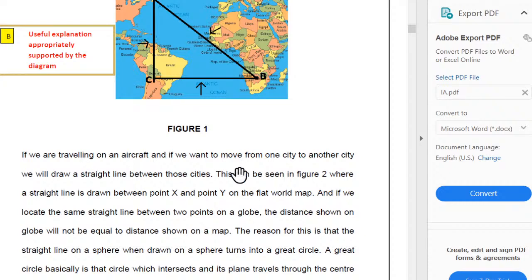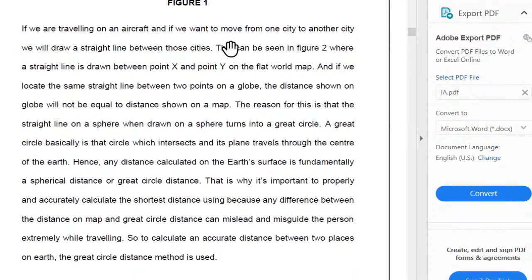Figure 1. We want to move from one city to another. We'll draw a straight line between these cities, as you can see in figure 2, where a straight line is drawn on the flat map. And if we locate the same straight line between both, the distance shown will not be equal to the distance shown on a map.